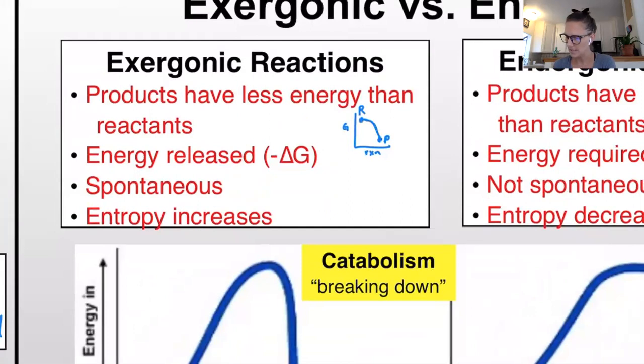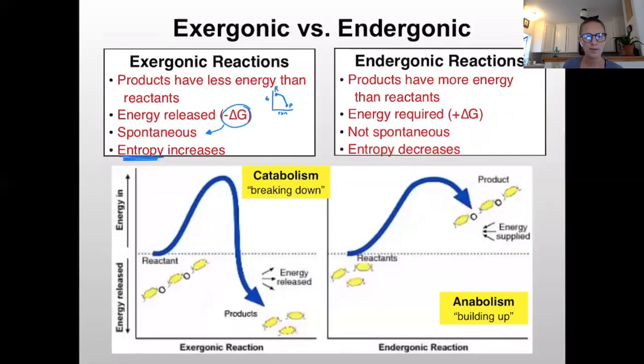What that results in is a negative delta G, which by definition means it's a spontaneous reaction. And here we're going to see that entropy is increasing, right? So exergonic reactions, products have less energy than the reactants. You have a release of energy, a negative delta G, it's spontaneous, and the entropy is increasing.